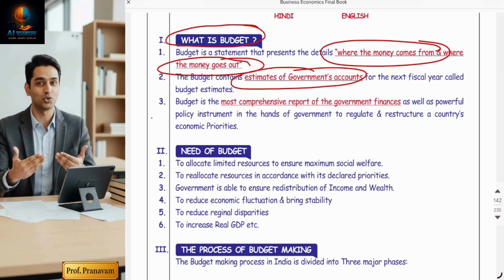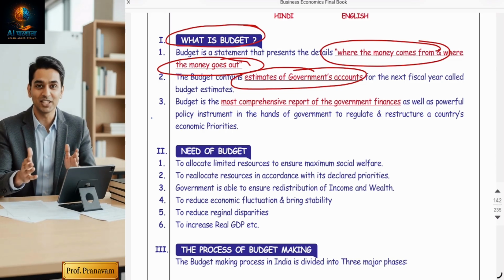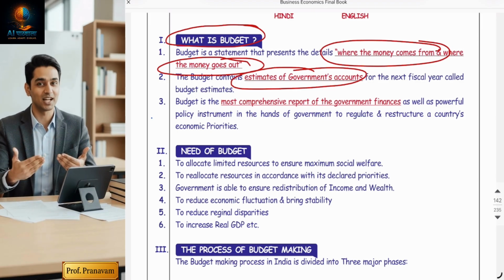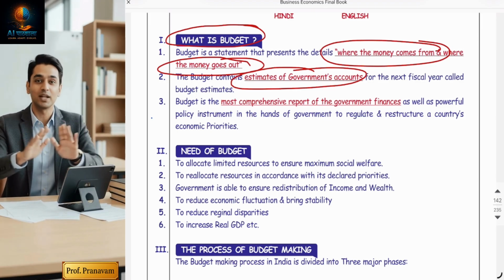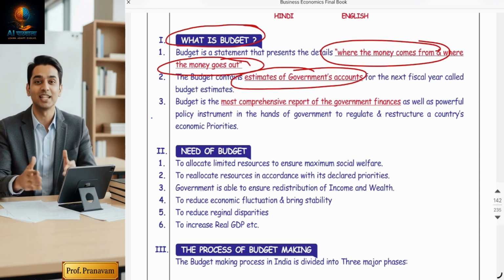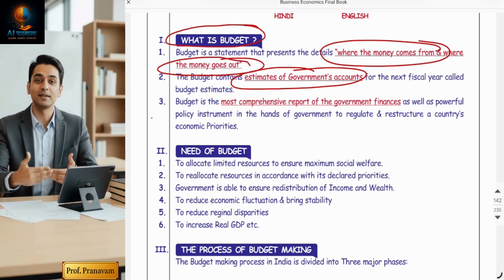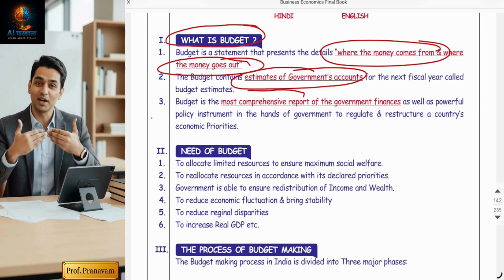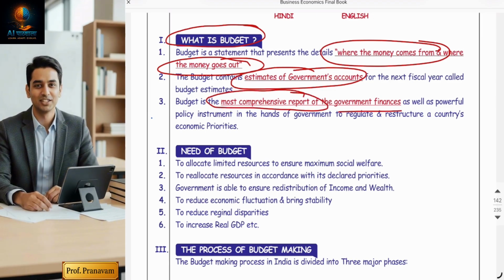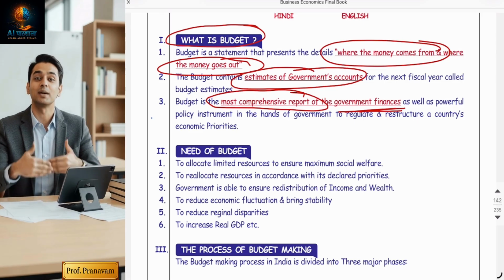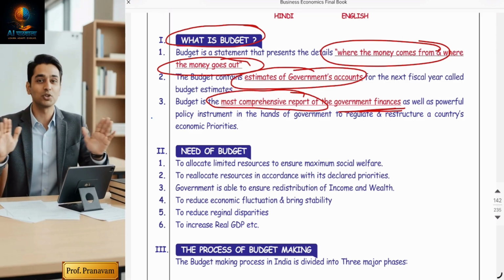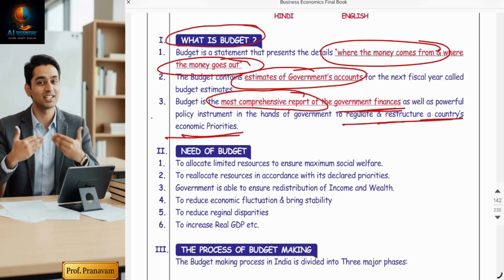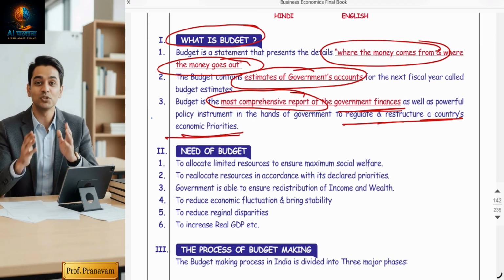Now the question arises, why is the budget important? Because, friends, it's very simple. Government resources are limited and public needs are actually unlimited. So the budget helps the government to use limited funds to achieve maximum social welfare. Hence, I can say that the budget is the most comprehensive report of the government finances, because it regulates and restructures the country's economic priorities.